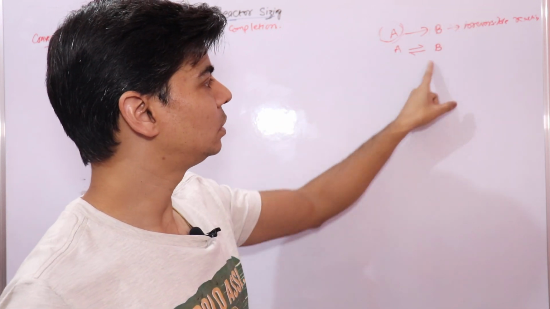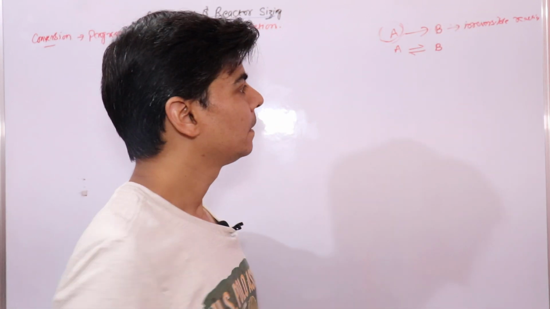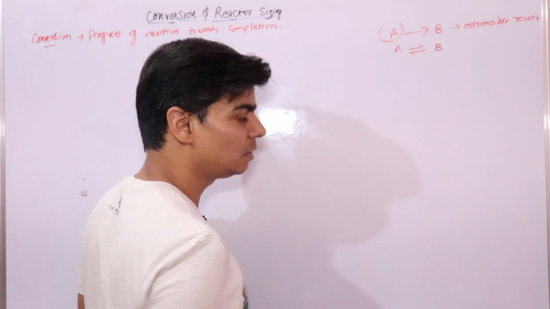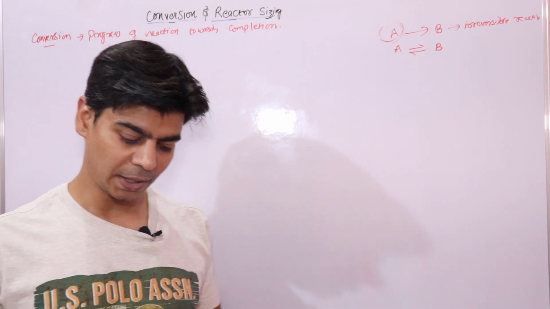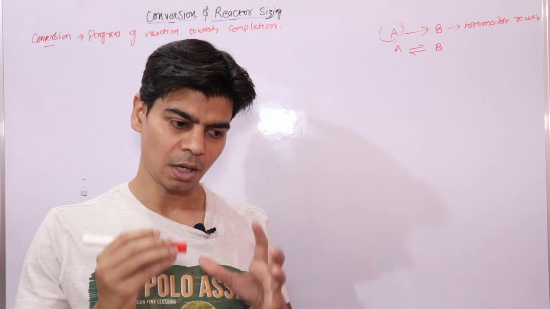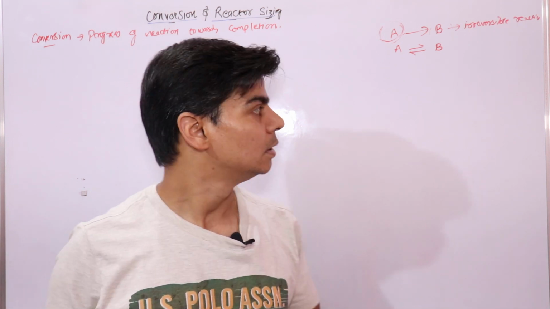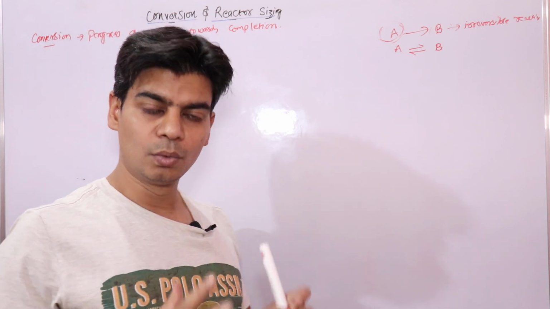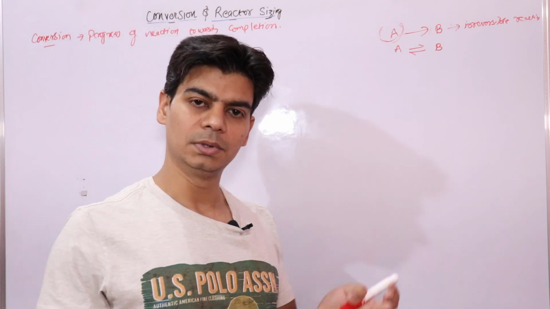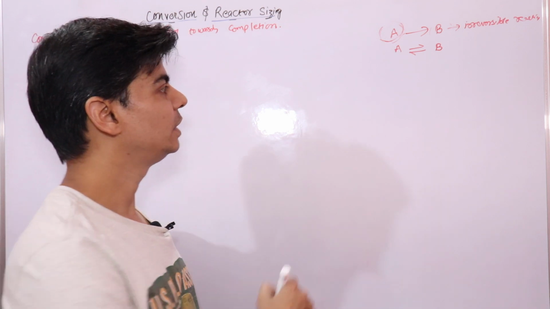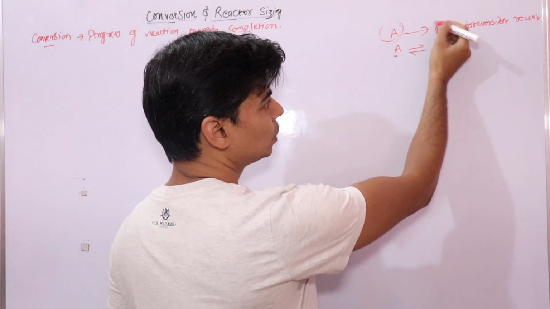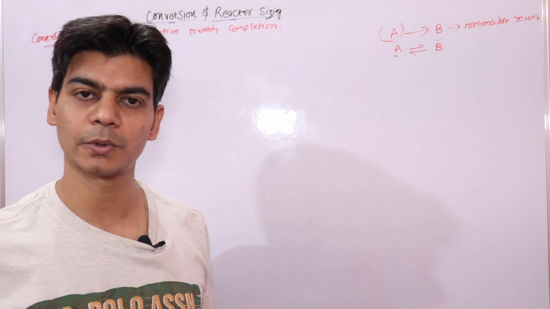But in a reversible reaction, an equilibrium will be set up. So at equilibrium you need to see how much of reactant has been converted into product. Then only you would be able to determine how much of reactant you need to convert into a specified amount of products.